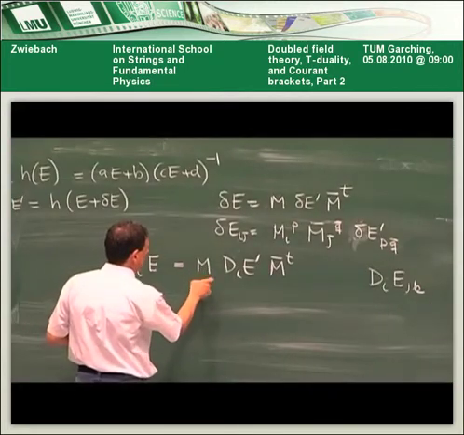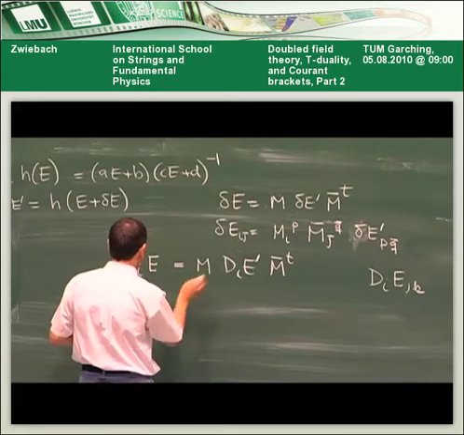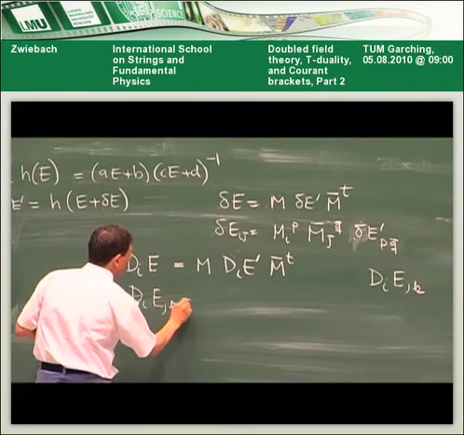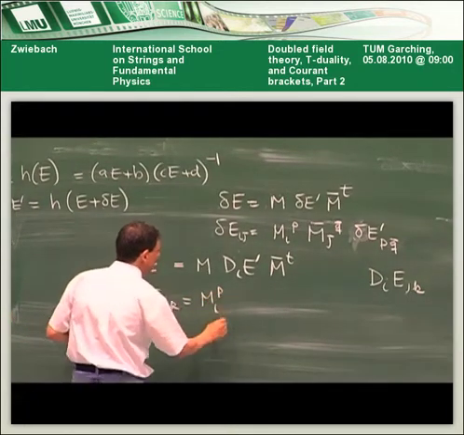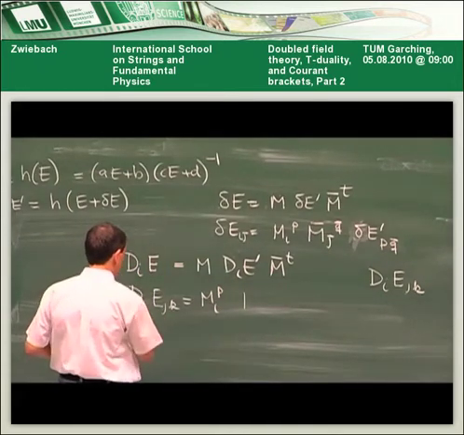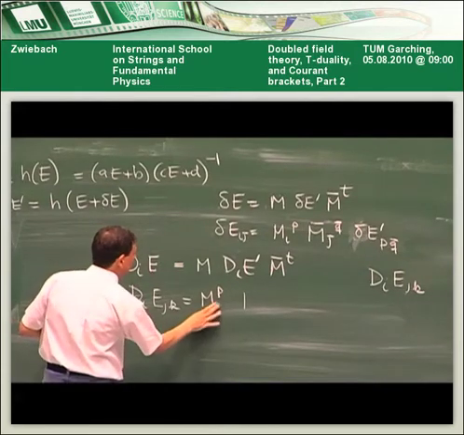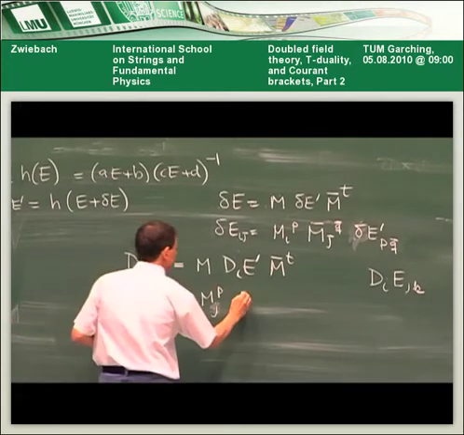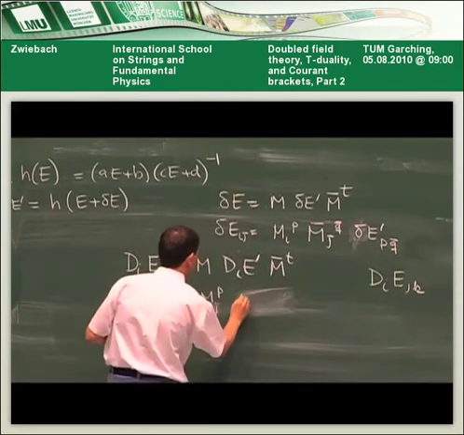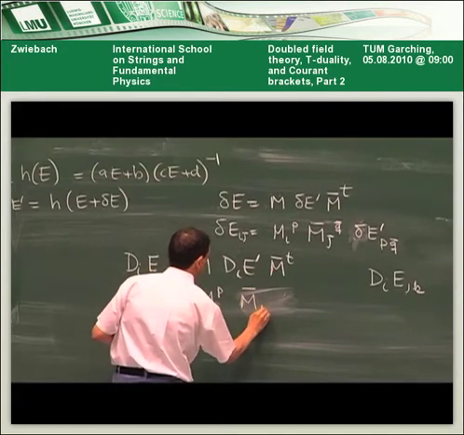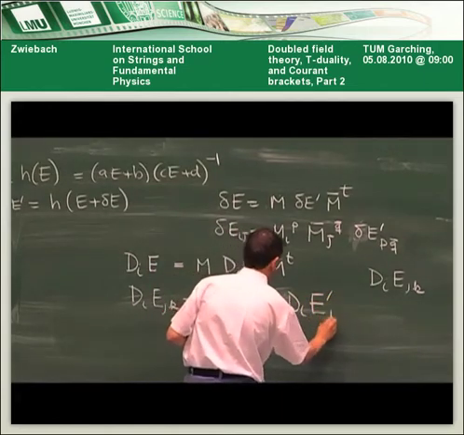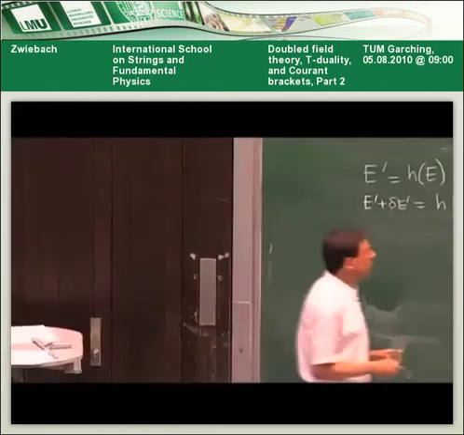If I put the indices, let me put indices in this equation. di ejk would be M_{ip} M_{jp'} M bar_{kq} di e prime_{pq}. This is this equation with indices.